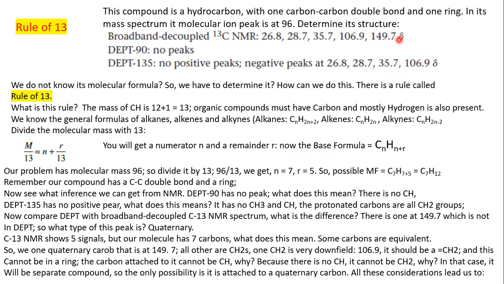Quaternary carbon, a carbon having no hydrogen. So it means this is a compound which has no methine, no methyl, and has one quaternary carbon somewhere, the carbon having no hydrogen, and four CH2 carbons, or 4 sets of CH2 carbons, we can say this. Okay, so these are the data that we already have with us.